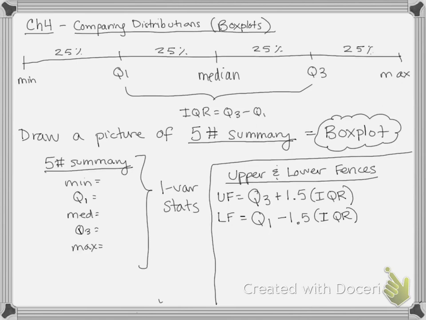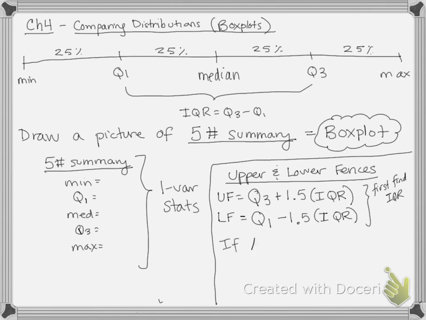Notice that if I had only computed my 5-number summary, I first have to find the IQR, which is not a part of the 5-number summary. So the first goal would be to find your IQR and compute your upper and lower fences. And you're like, why do I care? Well, we care because these fences tell us if we have outliers.